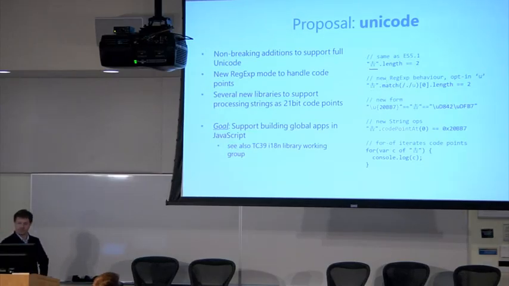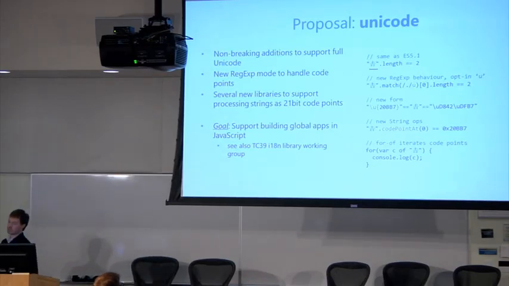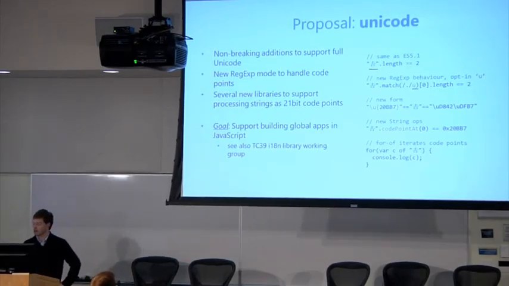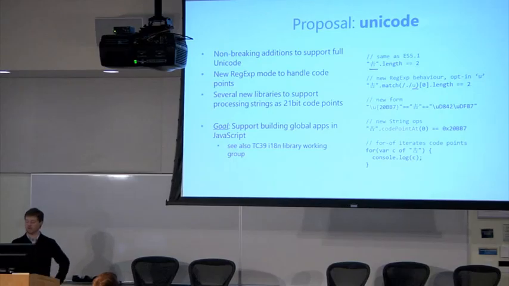So the idea is to add several concepts into the libraries and into some of the language constructs, which make it possible to work with strings as full Unicode strings. For instance, in this regular expression, there's a new U flag, a Unicode flag, and that will change the behavior of some of the regular expression components to behave in the proper Unicode handling way.